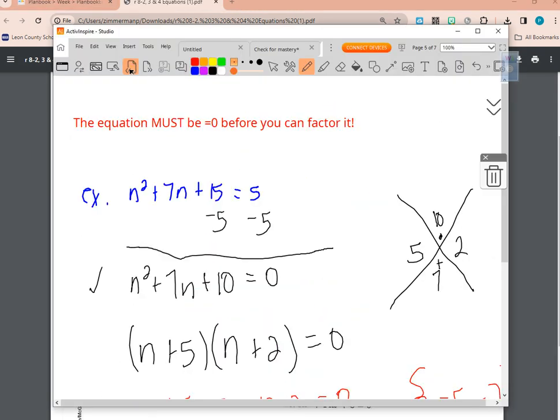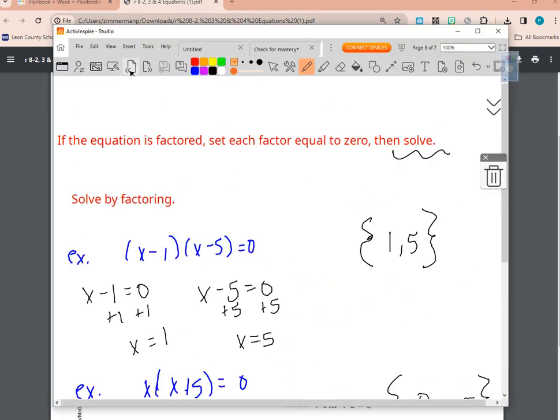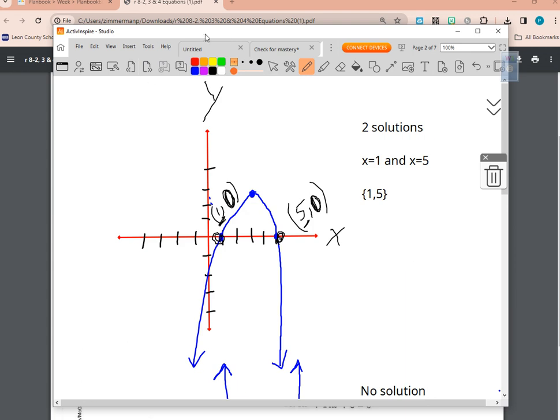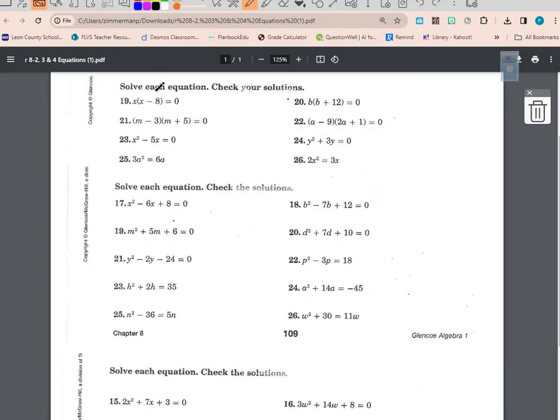It's b equals 0, and then you drop down the other factor, b plus 12, and that's going to equal 0, and then we put minus 12 on both sides.